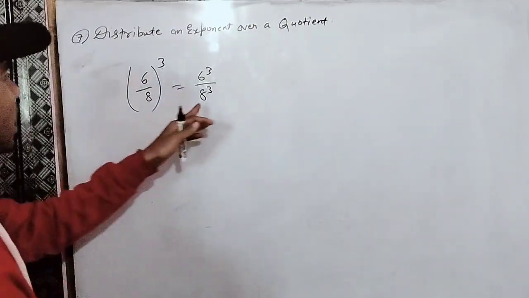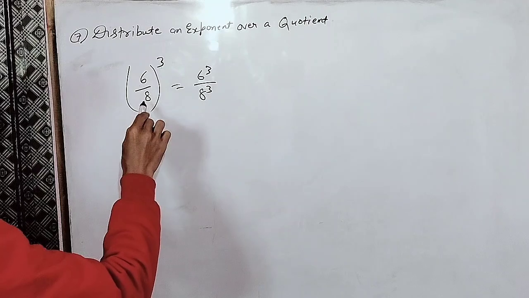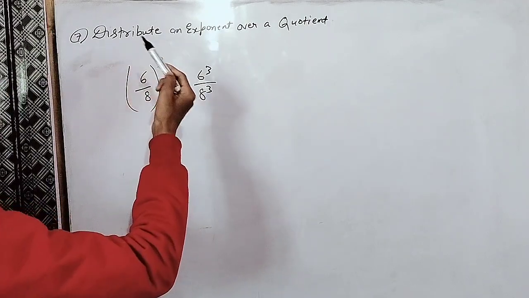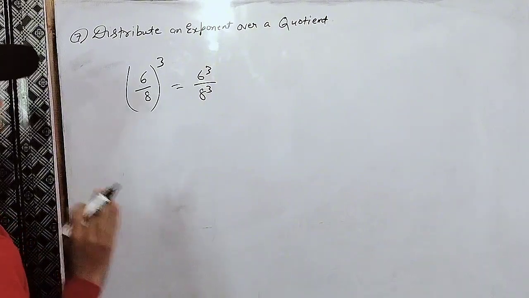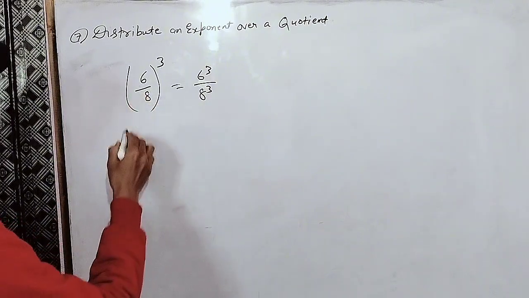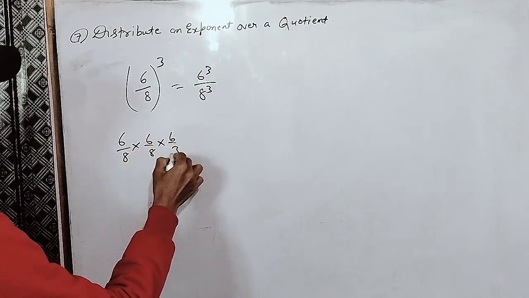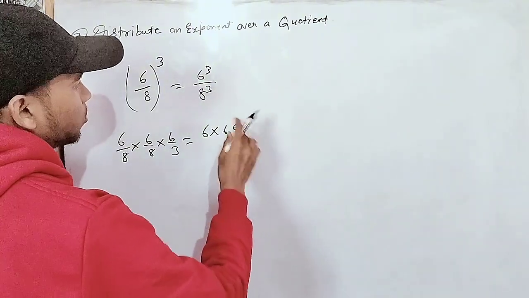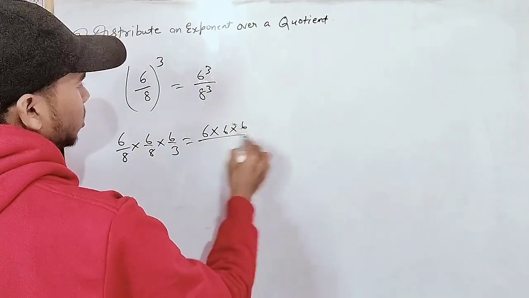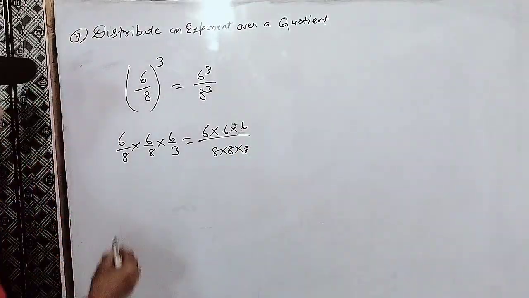I said we can write like that because the bracket is the same. 6 is with the 3 exponent, whereas 8 is with the 3 exponent as well. Does it make sense? Do you want to see a proof? 6 by 8 is how much? 3 times. Whereas 6 is how much? 3 times. And 8 is with 3 times. Clear?